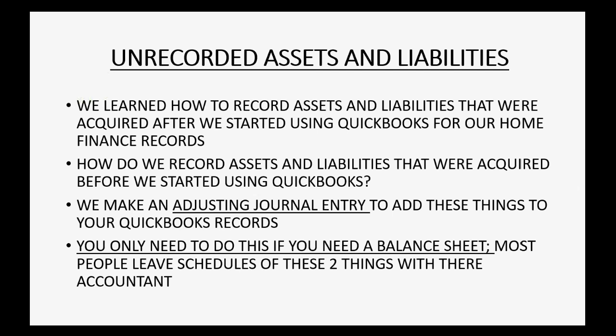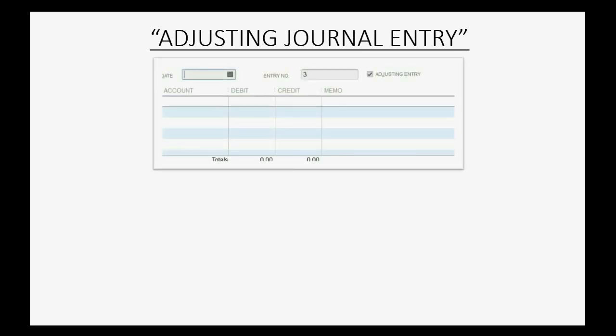However, if you wish to have a balance sheet that's part of your QuickBooks records that shows this information, then you need to add any asset or liability that you failed to record at the moment you started using QuickBooks. In order to do this, you need to make an adjusting journal entry for each of the assets and each of the liabilities that you wish to add.